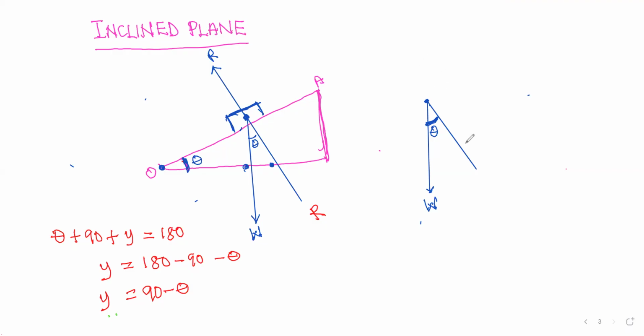Sharon, are you there? Yes, sir. You have a protractor. I want you to help me measure this angle theta. How would you do it practically? Protractor. How would you measure this angle?